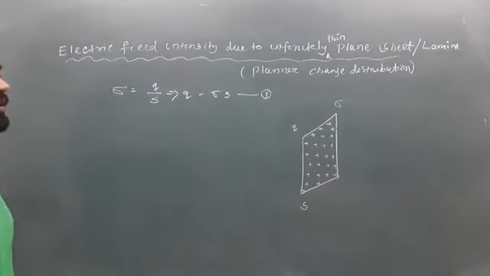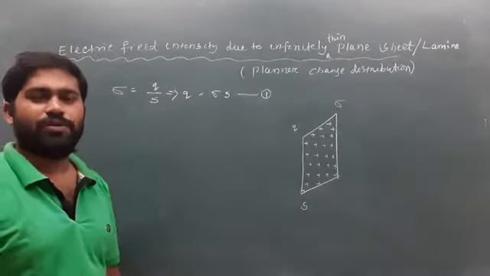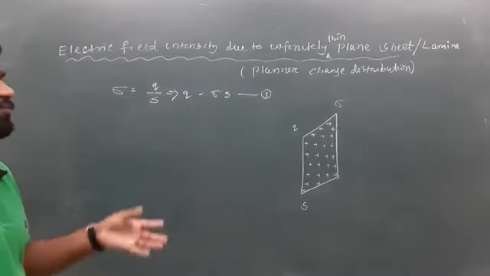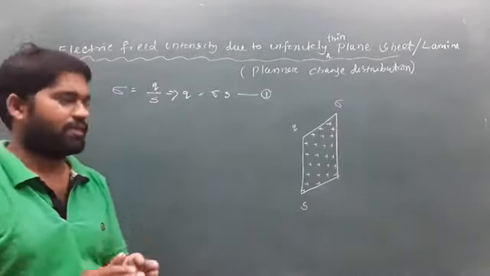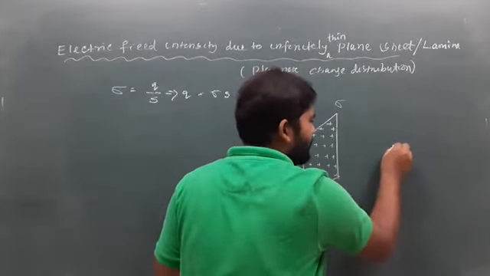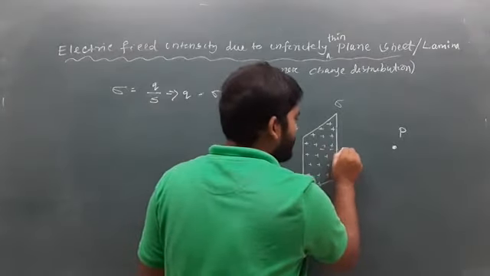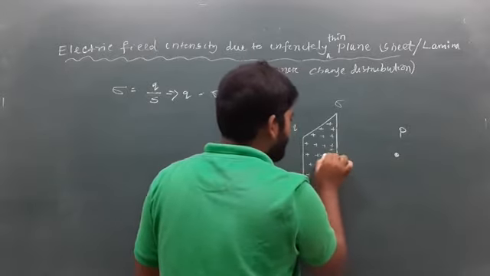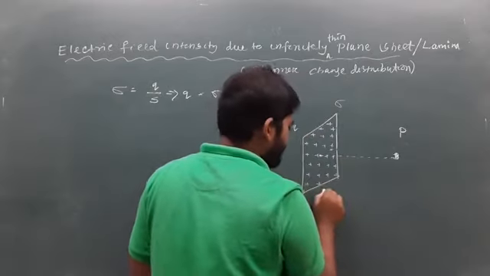In order to find the electric field intensity by using Gauss law, we have to draw a Gaussian surface, and for a thin plane sheet, the Gaussian surface is cylindrical. Suppose we want to measure the electric field intensity at point P, which is at a distance of r from the center of the plane sheet.